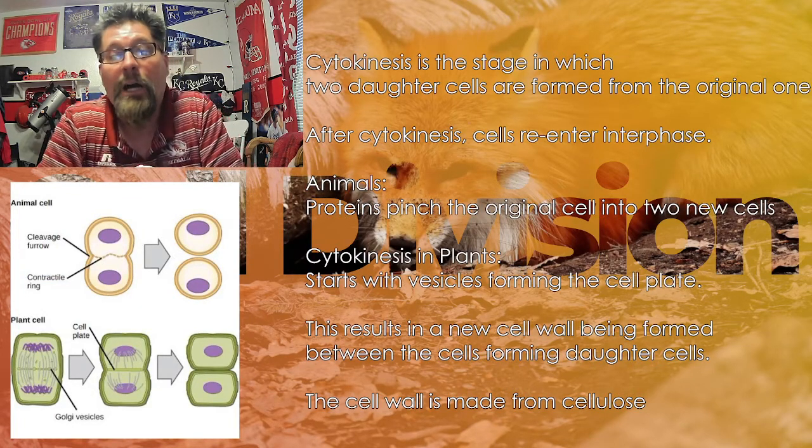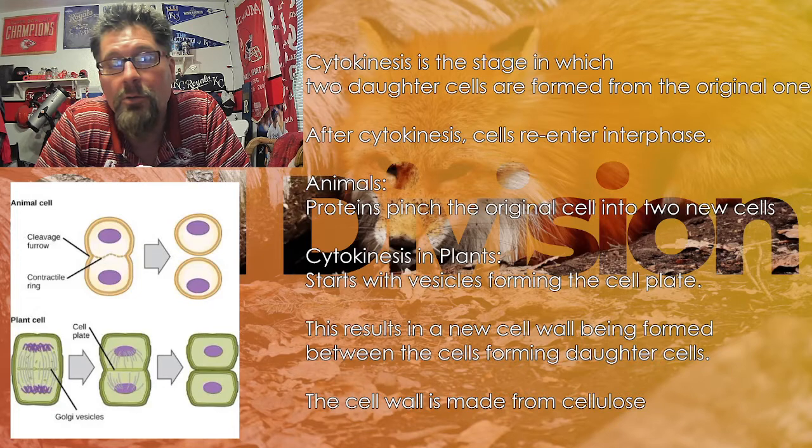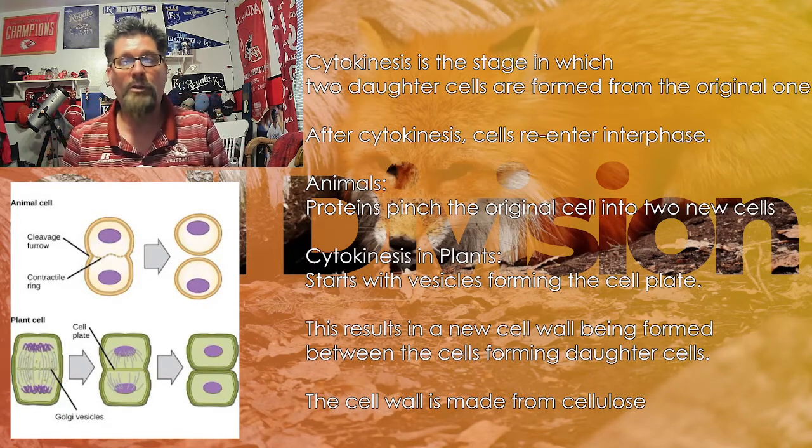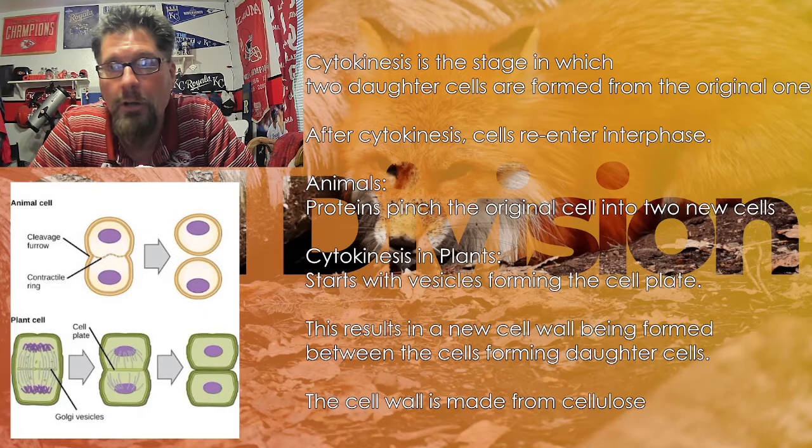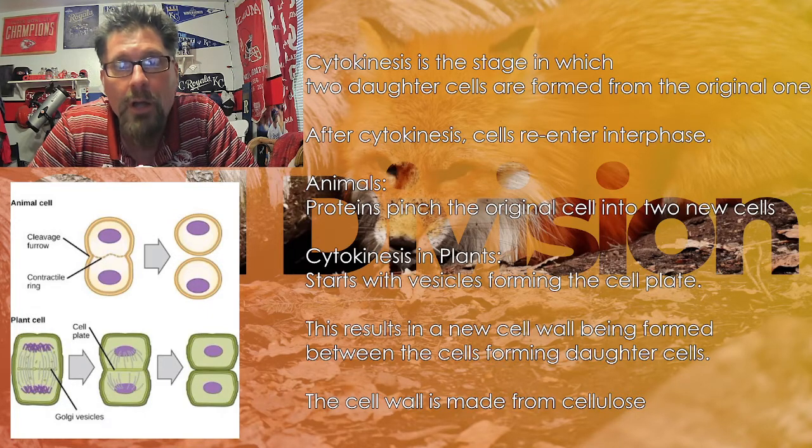Now, in this slide, the two things we want to focus on, just like we did with prokaryotic cells, is the line that starts to generate that separation. We want to focus on what's going on here. For an animal cell, the line that develops is called a cleavage furrow.